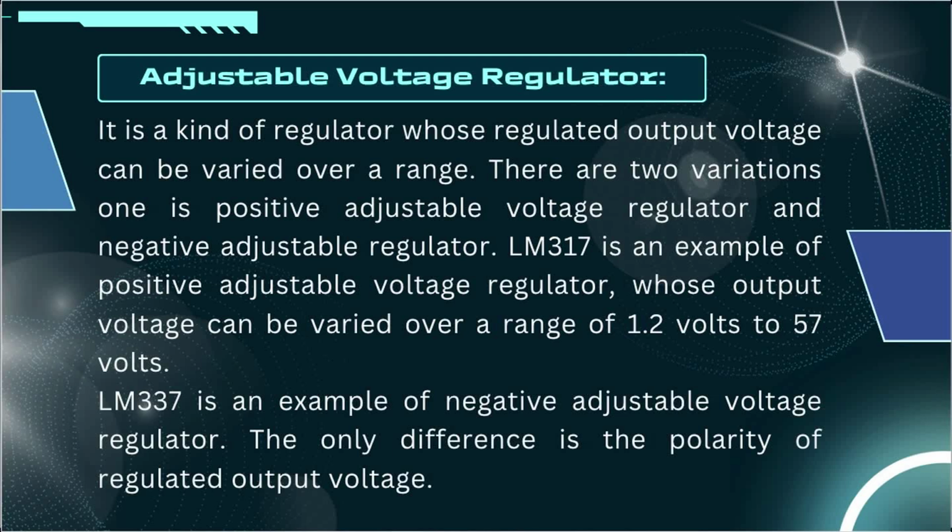IC LM317 is an example of a positive adjustable voltage regulator whose output voltage can be varied over a range of 1.2 volts to 57 volts. LM337 is an example of a negative adjustable voltage regulator. The only difference is the polarity of the regulated output voltage.